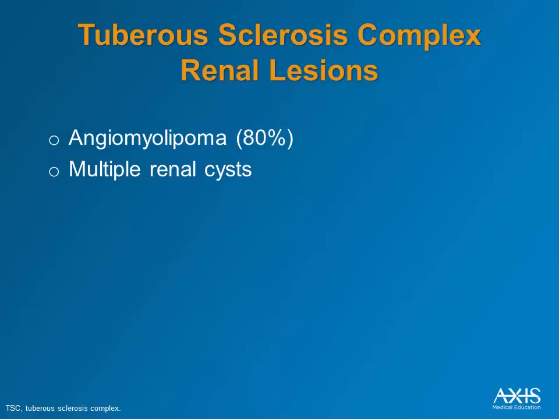Tuberous sclerosis complex has important effects on the kidney, particularly the occurrence of angiomyolipoma that occurs in upwards of 80% of patients, and then also some with multiple renal cysts.